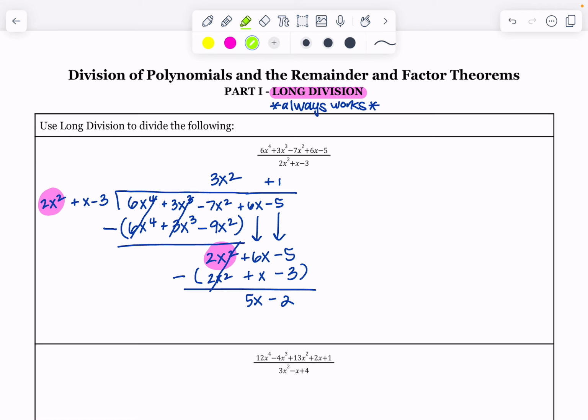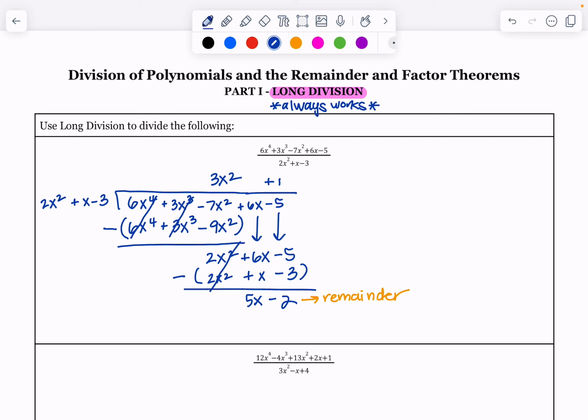Now, we finished, we used our constant there, so we really don't have anything else to do. What that means is this is our remainder, just like in third or fourth grade, you'd have a remainder.